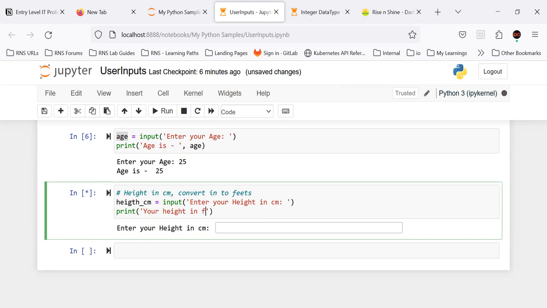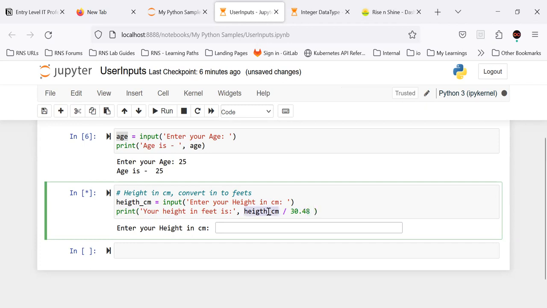Your height in feet is, okay, so we'd like to print that. What is the formula? Whatever centimeters the user is going to enter, we need to divide it. Converting into feet is approximately 30.48.